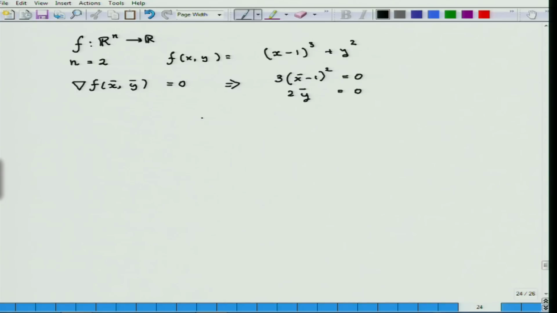So, the only critical point is x bar is 1 and y bar is 0.